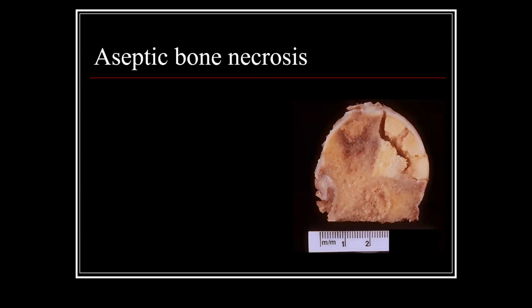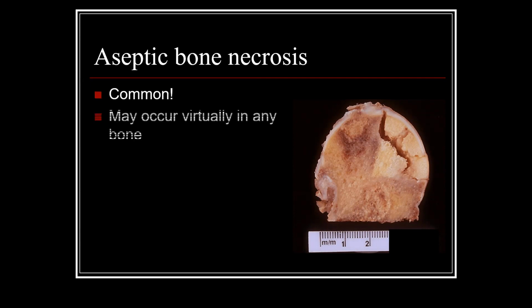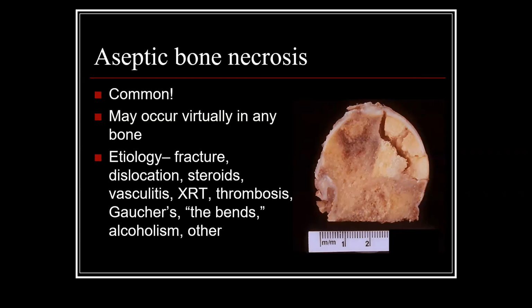Now, aseptic bone necrosis, this is usually related to a number of factors, which you no doubt studied in medical school. This tends to be more common than we recognize. A number of bones can be involved, but we most frequently see it, obviously, in the femoral head, where the vasculature is particularly sensitive to this.